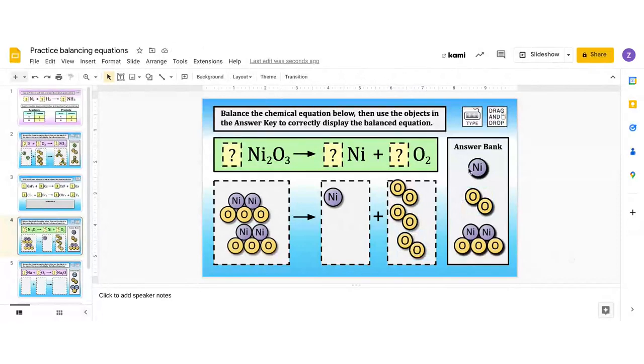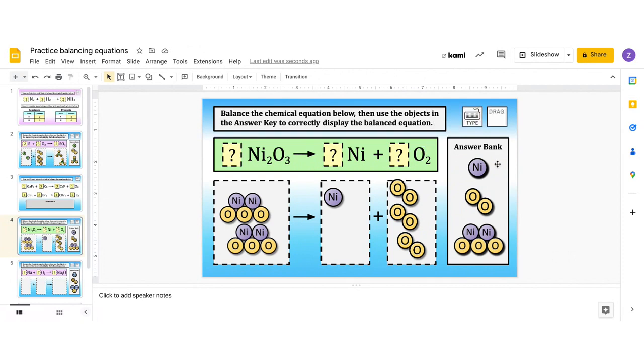So let's put some numbers up in here, right? So where do you want to fix? Go ahead. It doesn't matter. You can go to the O2 or the Ni2O3. Just put in the numbers there.